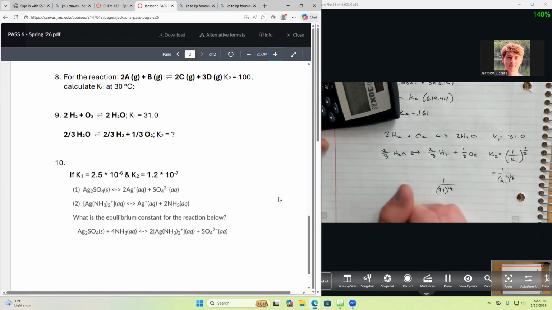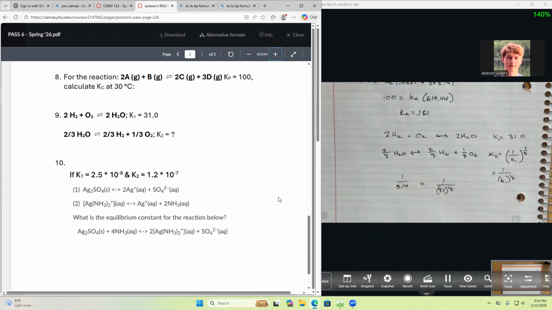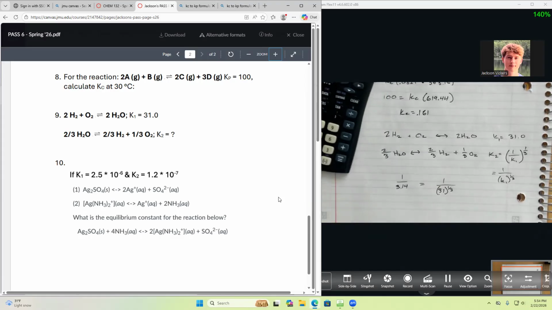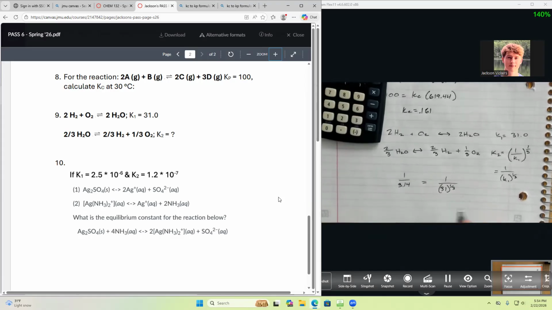So now it's 1 over 3.14. And so we can say that K2 is equal to 0.318.